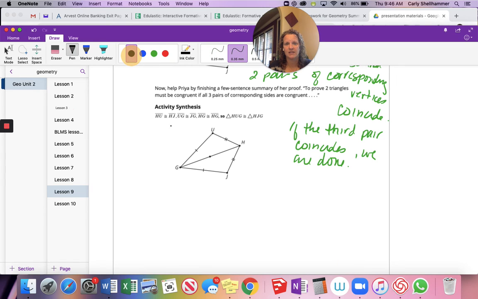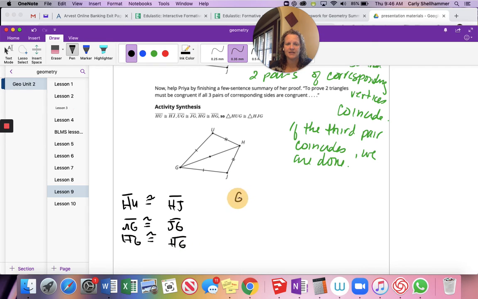So activity synthesis. What we see here is segment HU is congruent to segment HJ. Segment UG is congruent to segment JG, and segment HG is congruent to segment HG.